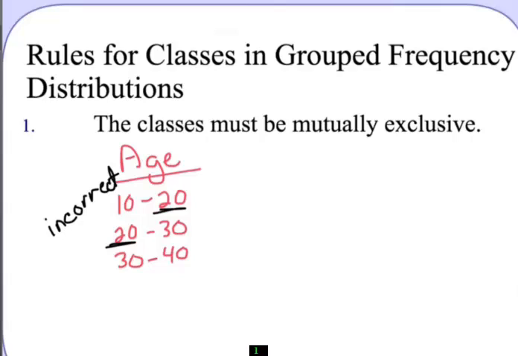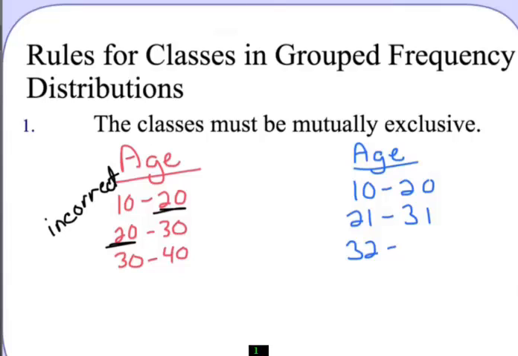Now let's look at if I have age over here and I go 10 to 20, 21 to 31, 32 to 42.